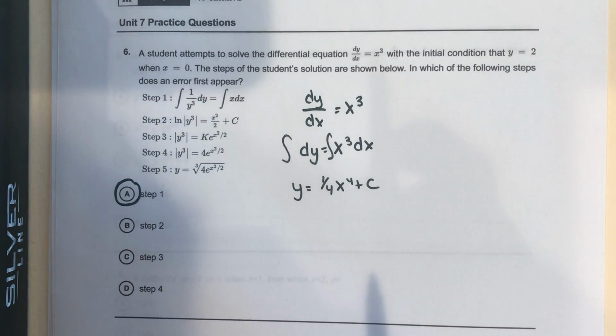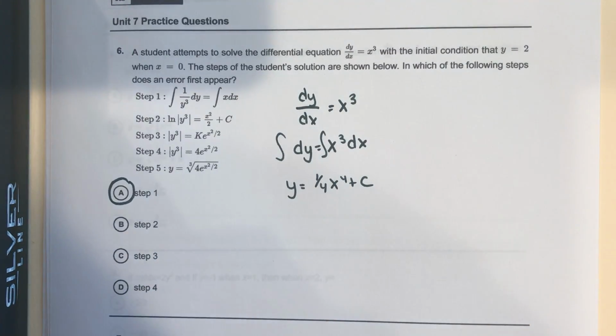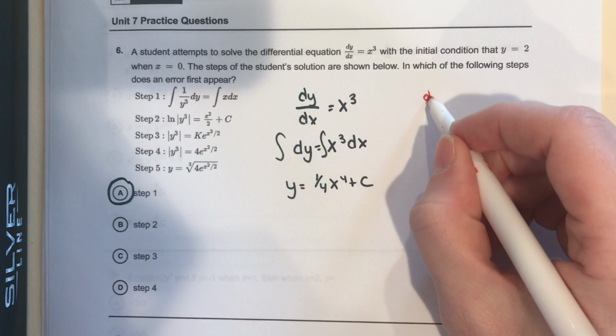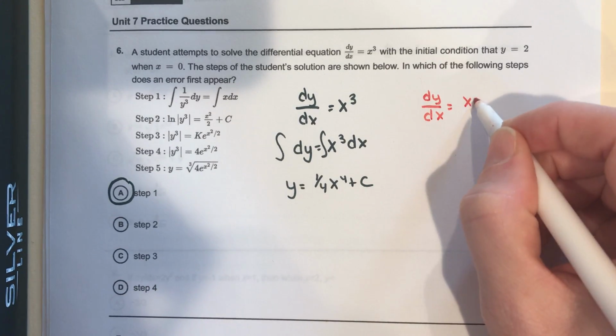Now, when I was looking at this, I noticed that step 2 also has a mistake. So what I think happened with this question is that there's a typo in the question. You don't have to worry about this because we picked the right answer, but I think the original question is dy/dx equals x y to the third.